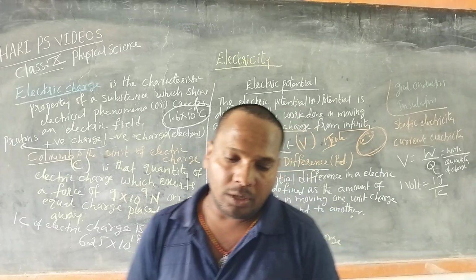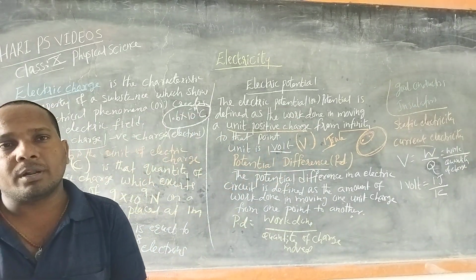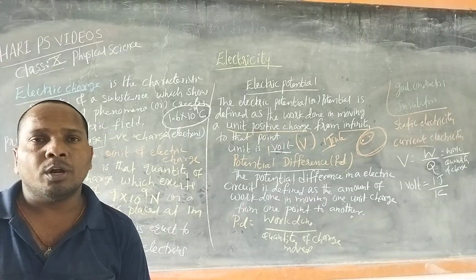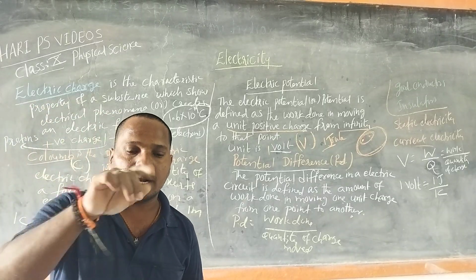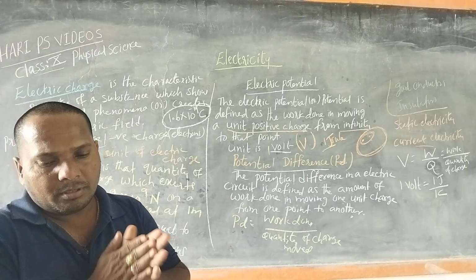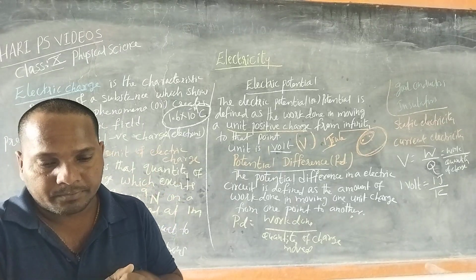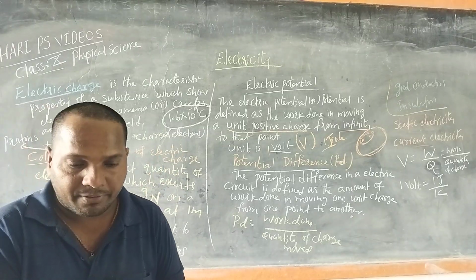So 1 volt is said to be if 1 joule of work is done in moving 1 coulomb of electric charge from one point to another point. So this is about electric potential and the potential difference.